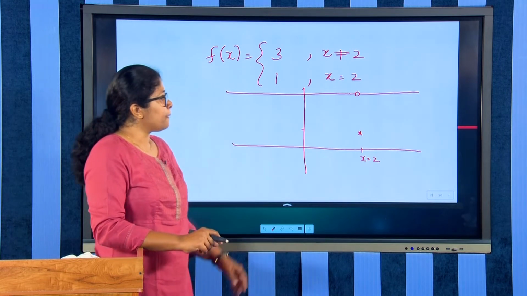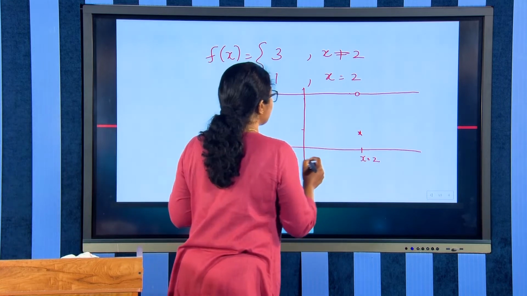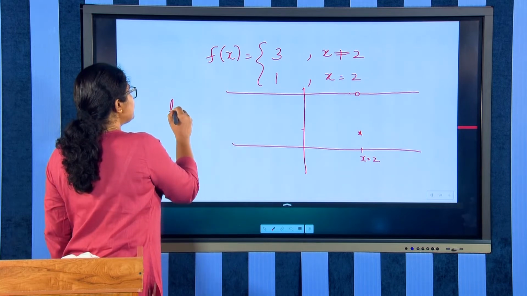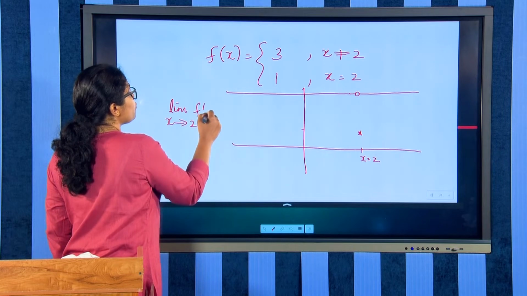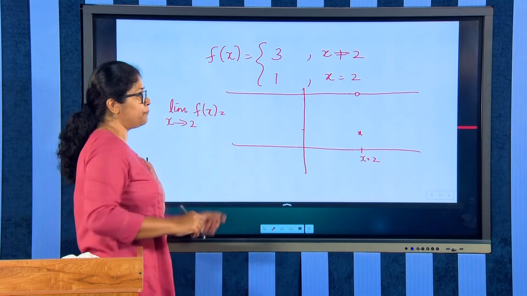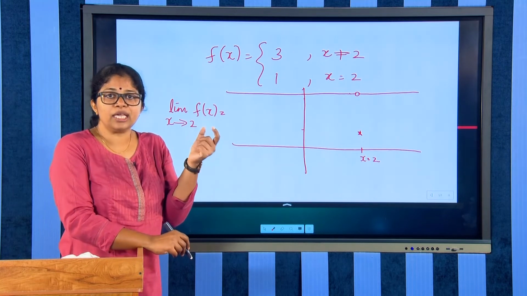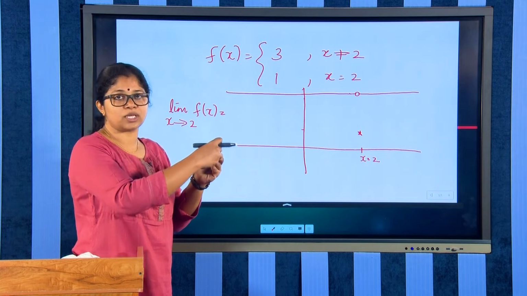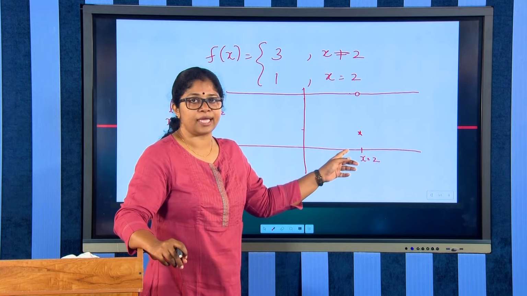But when we look at the limit of the function, the concept of limit itself says: limit of f of x as x approaches 2 is equal to what? x approaching 2 means x is never equal to the value 2, x is only becoming closer and closer to 2. So it can be either through this side or through this side.